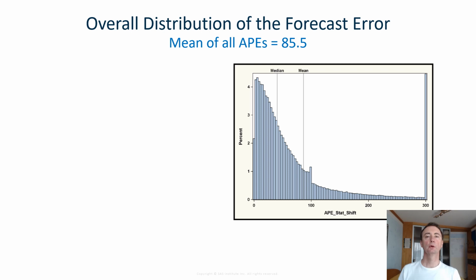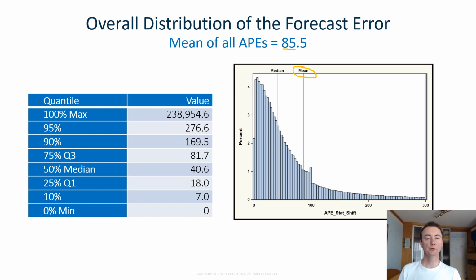Let's now have a look at the overall distribution of the forecast errors. When we take a look at the distribution here in the chart and at the descriptive statistics, we see that on average we have an absolute percentage error of 85. If we take a look at the quantiles, we see that the median is around 40.